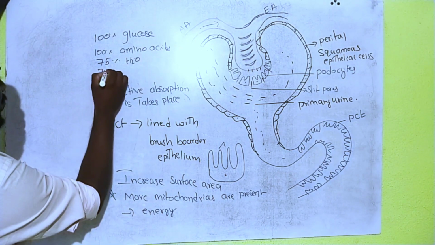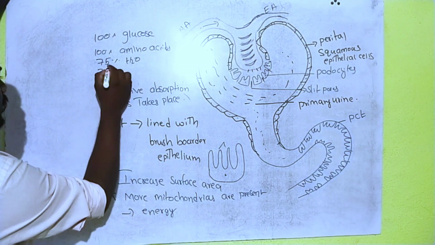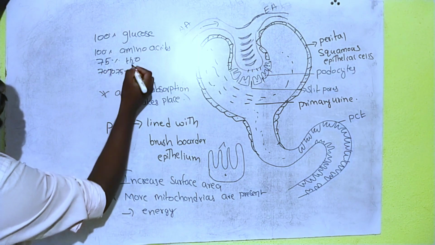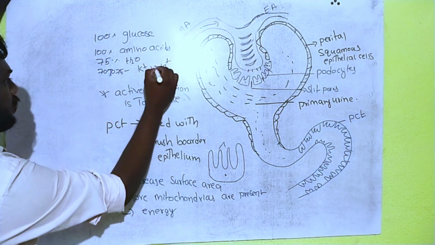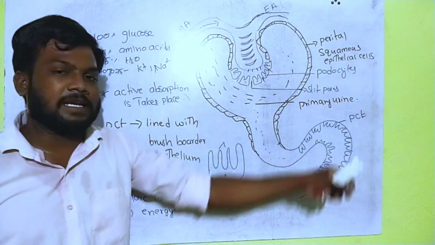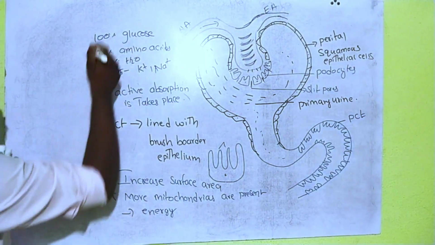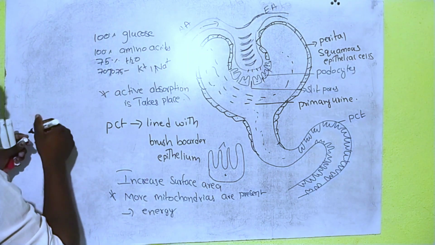The next one, 70 to 75% of potassium and sodium are also absorbed in the PCT region.